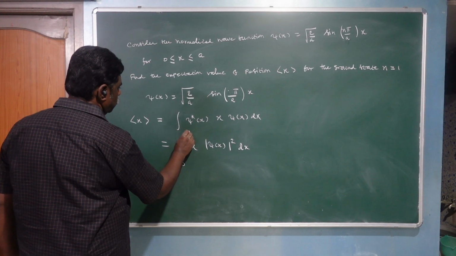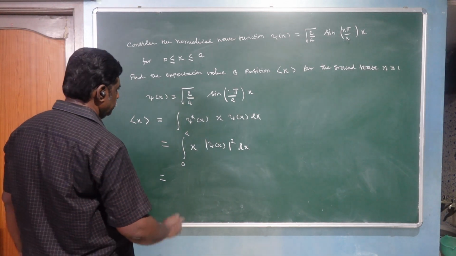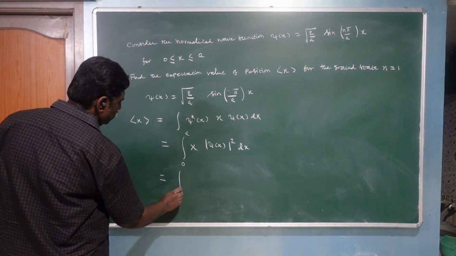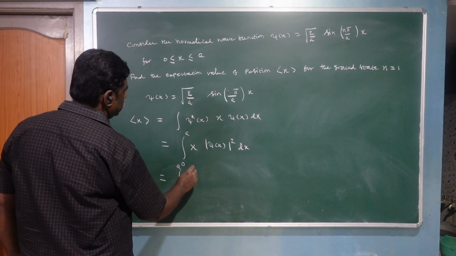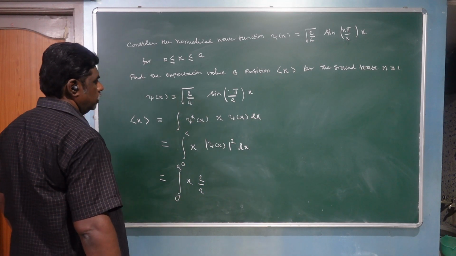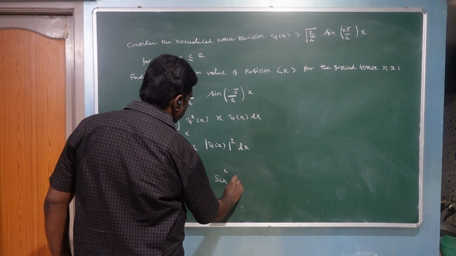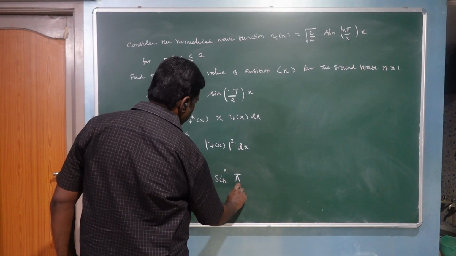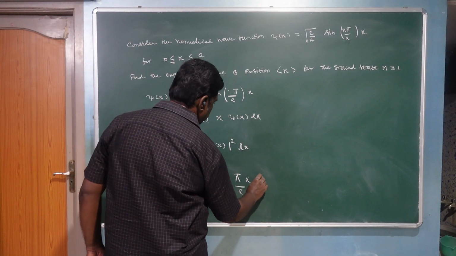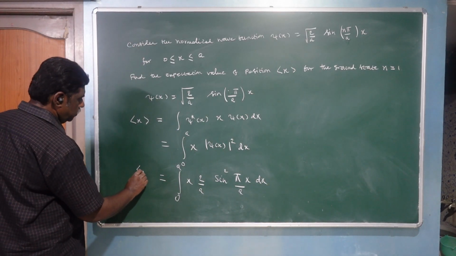Here the limit is 0 to a, which is equal to the integral from 0 to a of x into 2 by a, then sin squared of pi by a x, into dx. Now you have to solve this.